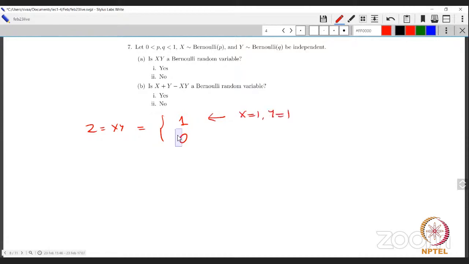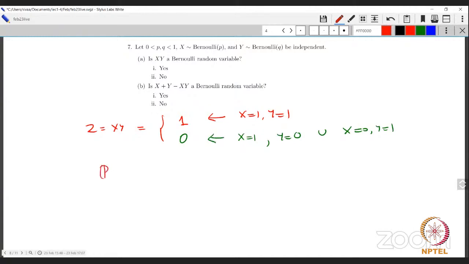And z is 0 when x is 1 and y is 0, or when x is 0 and y is 1, right? Is the idea clear? What value z will take?